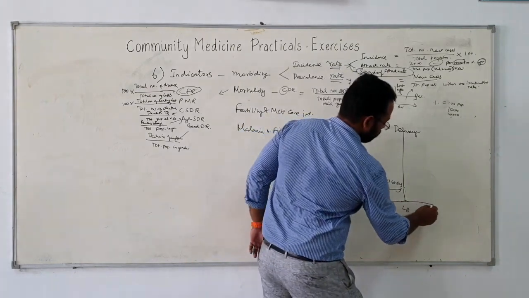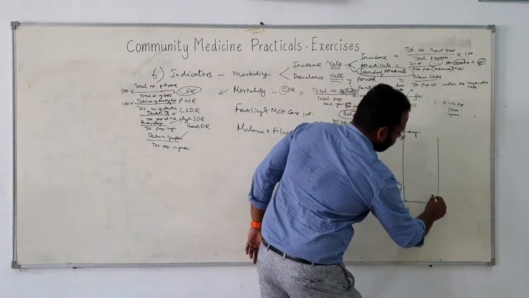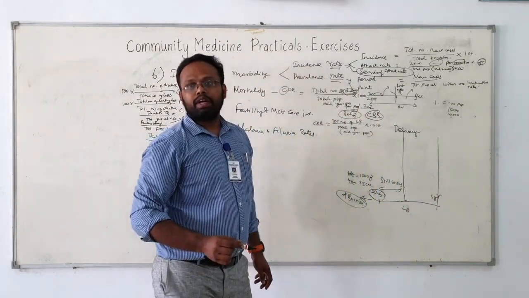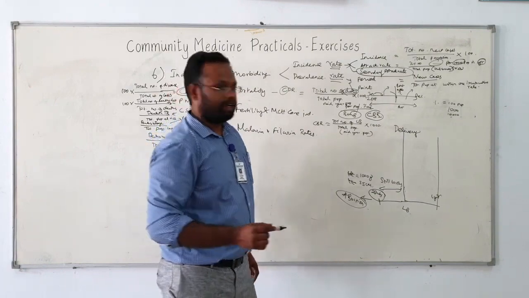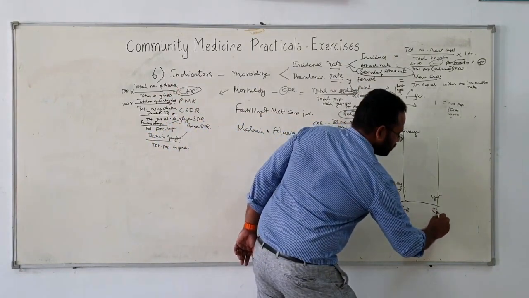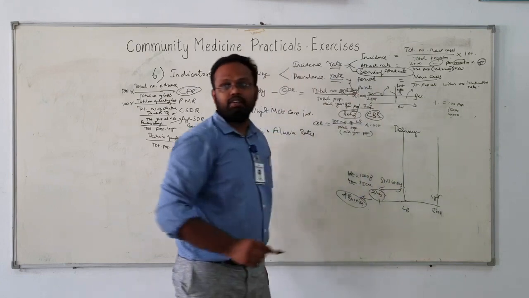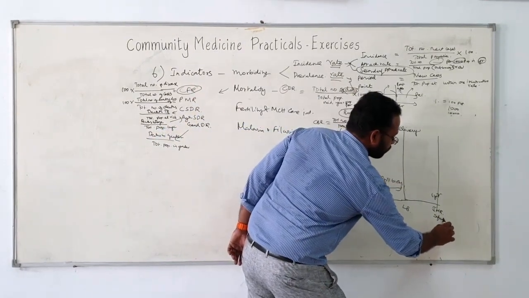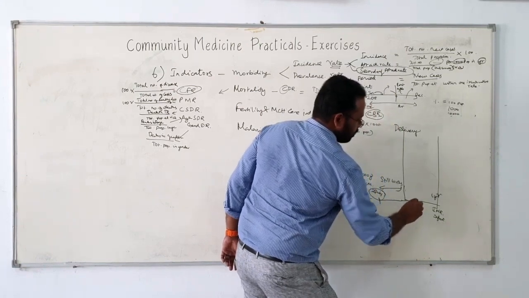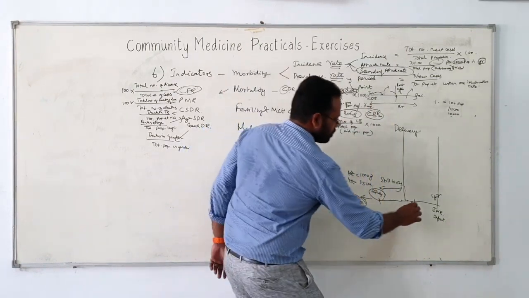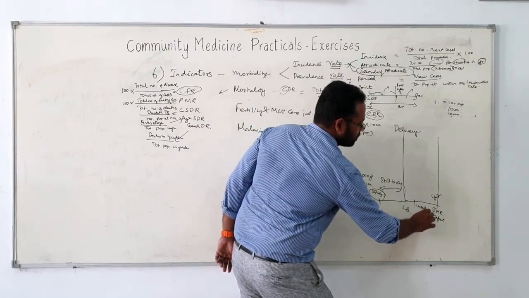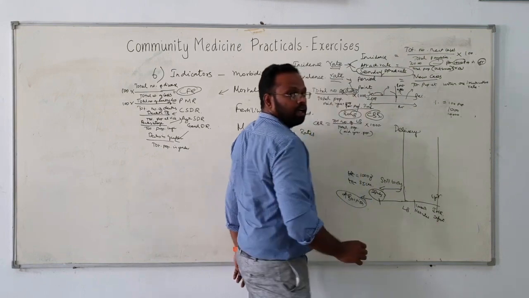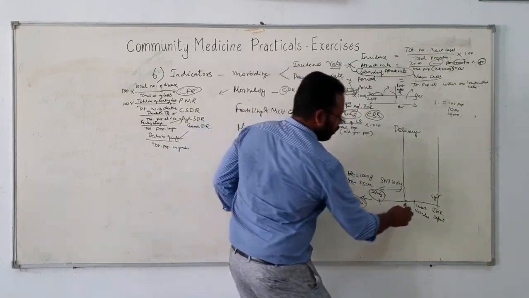Then the children who do not celebrate their first birthday are counted in the infant mortality rate. That is, deaths before 1 year of age are called infant deaths. Within 1 month, they are called neonates.